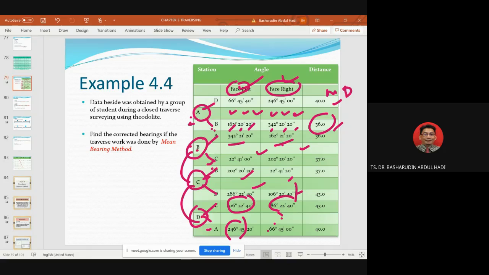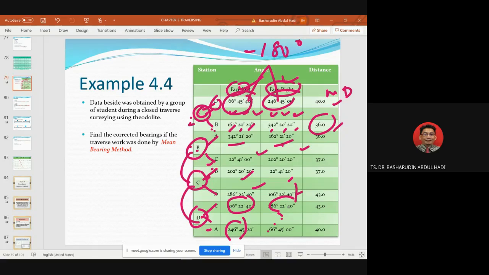And some basic principle here: when you have a line, for example A to D, you have face left and face right. So the difference must be 180 degrees, because this is in one station. And this is the data about the distances.